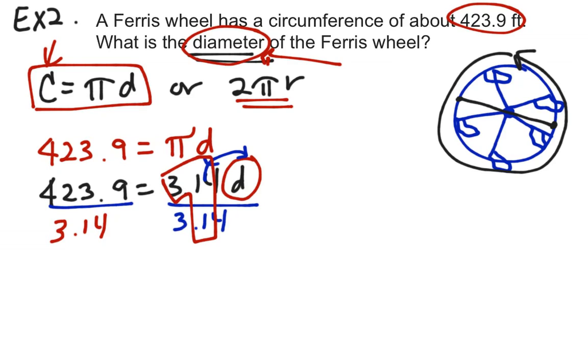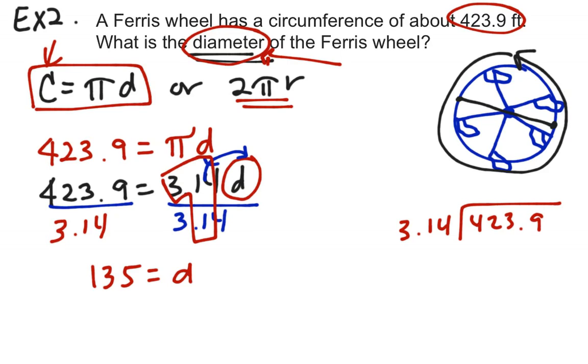And when I do that math, when you divide 423.9 by 3.14, you can do some side work or you can grab a calculator. Make sure you're doing the division right. You're dividing the denominator into the numerator, or a long division looks like this over here. And you would get 135. And that's my diameter.